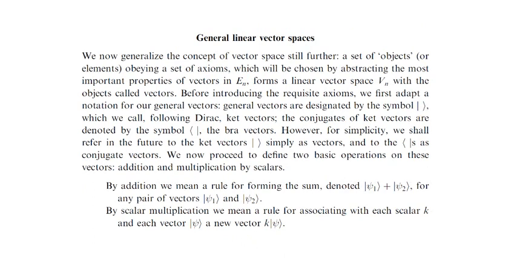Dirac called these vectors ket vectors, and the conjugates of ket vectors are denoted by this symbol, and they are called the bra vectors. And for simplicity, we will just say these are vectors and these are conjugate vectors. You will know more about the bracket notation as you take your course in quantum mechanics. But as of now, we will just stick to this notation for vectors.